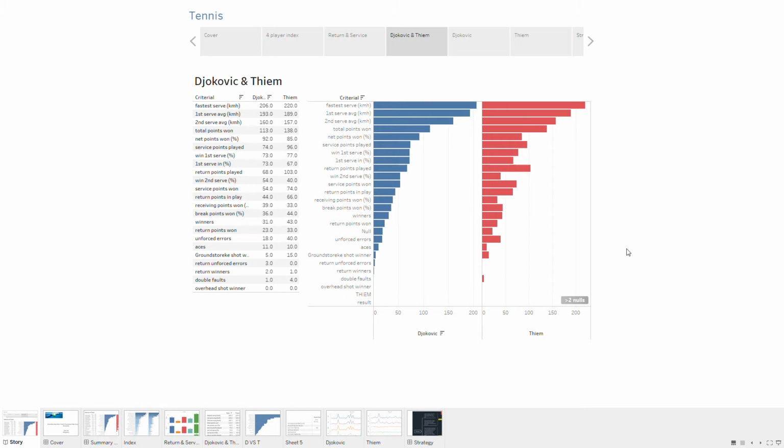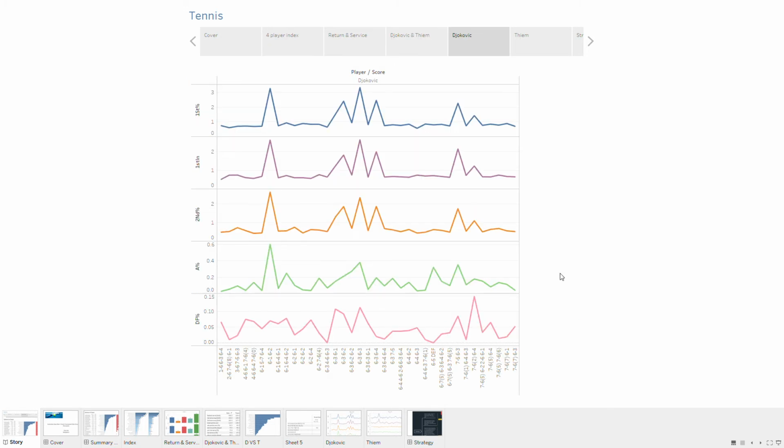However, we would like to pick out 5 important indexes to compare these two players: first serve percentage, first in service, second serve percentage, ace percentage, and DA percentage.